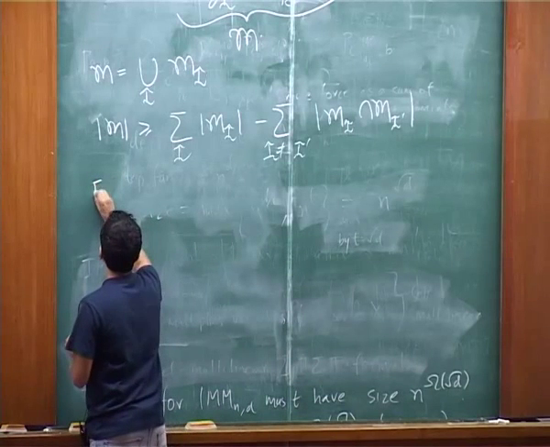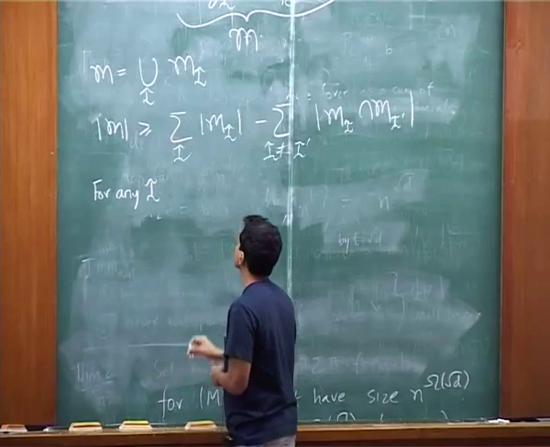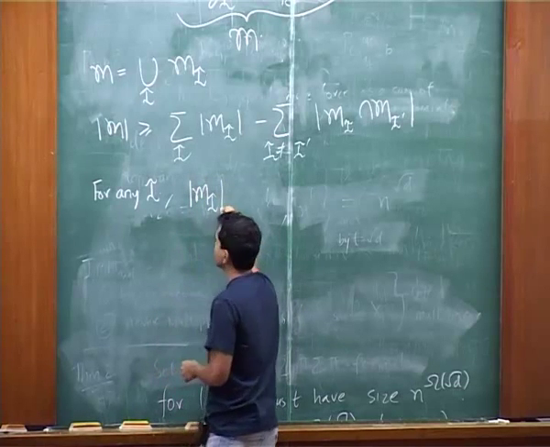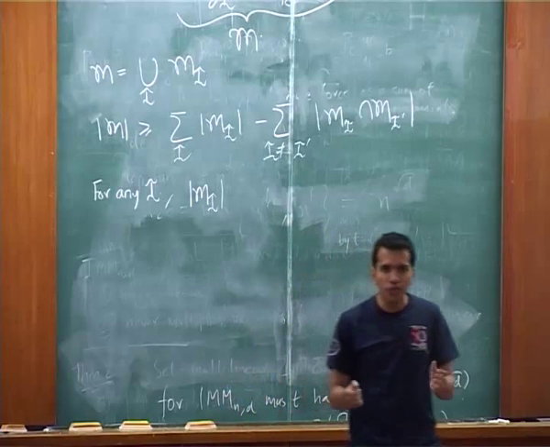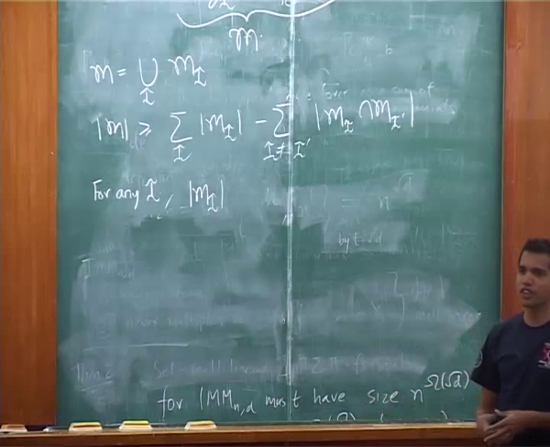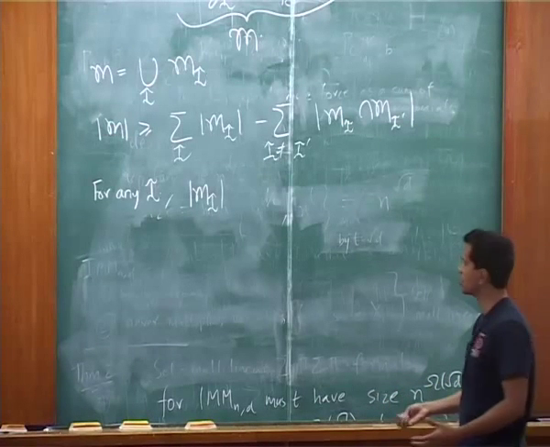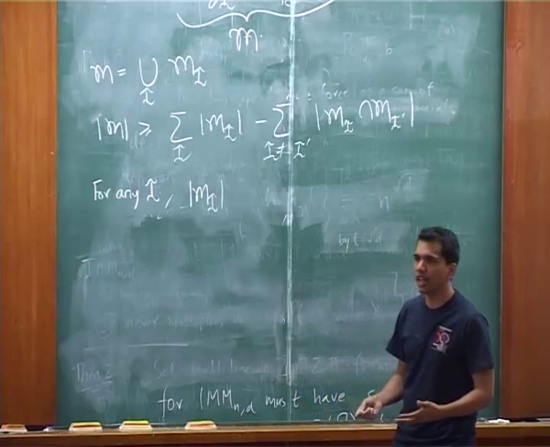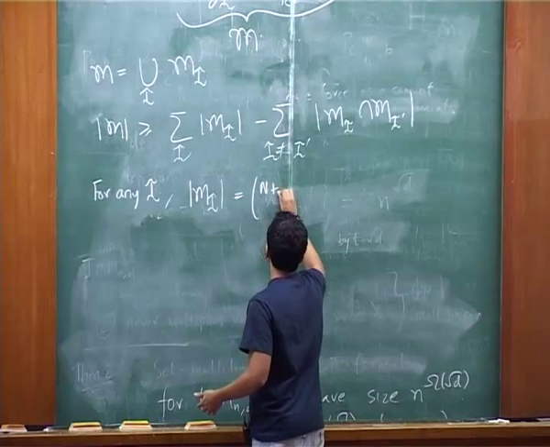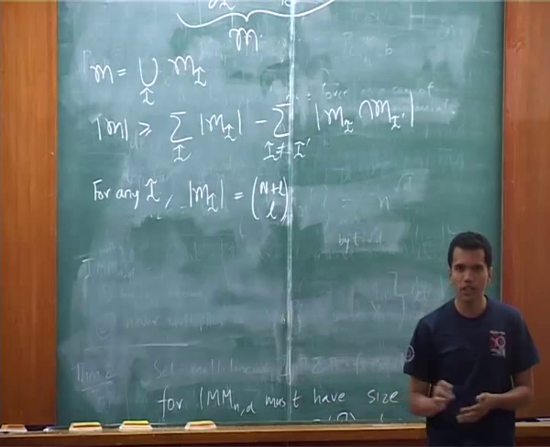So for any I, if I look at the size of Mi, it's the number of different monomials I get by shifting a fixed monomial, the derivative with respect to I. And these are all distinct: if I shift a monomial by different monomials, I get different monomials. So this is just the number of monomials of degree at most L. This is a fairly standard binomial expression, so that's trivial to evaluate.